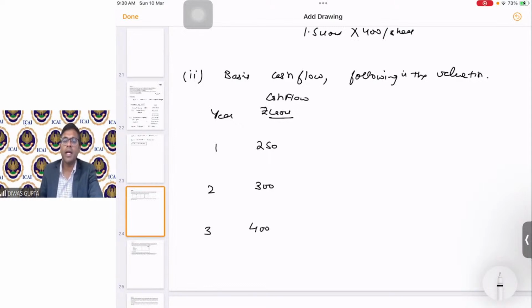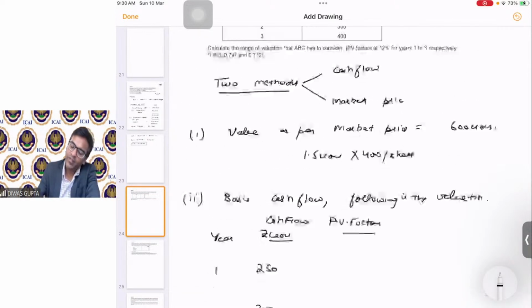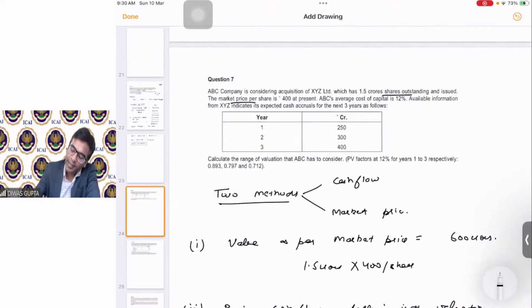This is the rupees cash flow, right? Then we have the present value factors. Now, present value factors, students, will be taken from ABC's point of view because ABC is evaluating what should be the right cost.